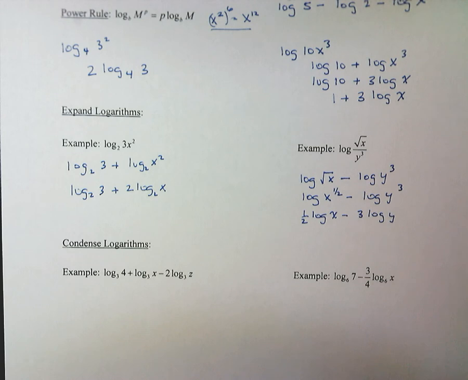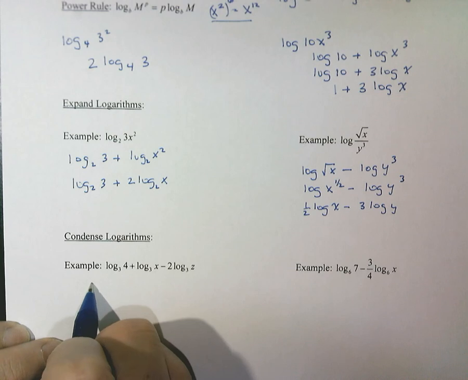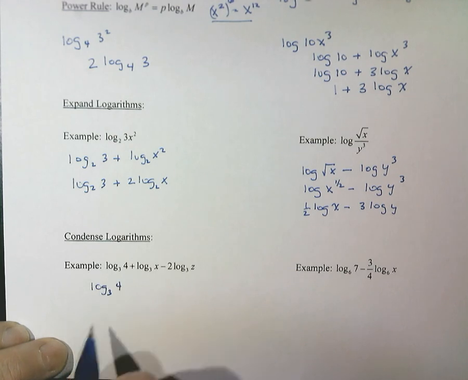Okay, now I want to condense them. I have to make sure I work in order of operations. If you're really good at this, you could do this all in one step, but I'm not going to explain it in one step. I see an addition, so I know I'm going to multiply. I see a subtraction, so I know I'm going to divide. But I see this 2, so I know I need an exponent. So I'm going to do this step by step.